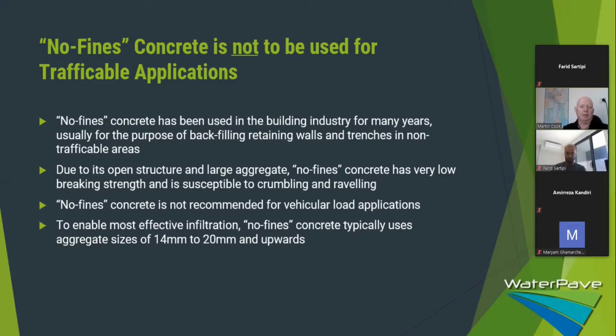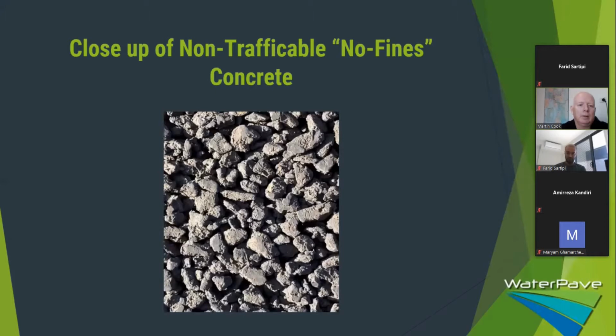So that's another reason why it's designed for a top surface to go over it to make it look appealing. That's a close-up of a non-trafficable no fines concrete, so you can see that it's quite gnarly and doesn't really look the part when you're using that as a finished product.